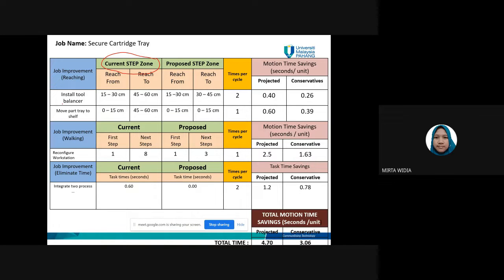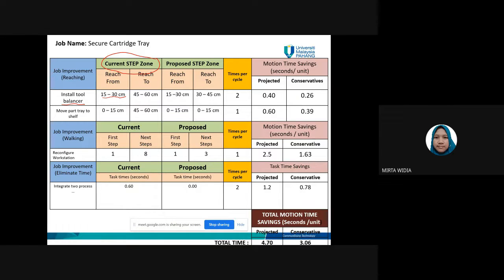The first job is install tool balancer. The operator needs to reach from 15 to 30 centimeter area.